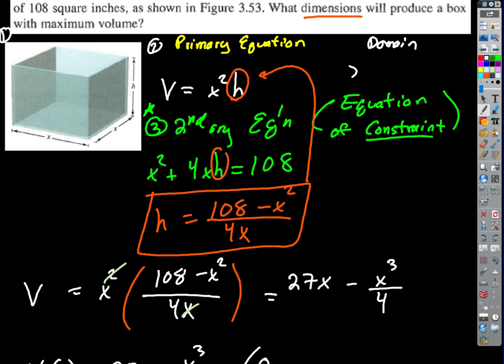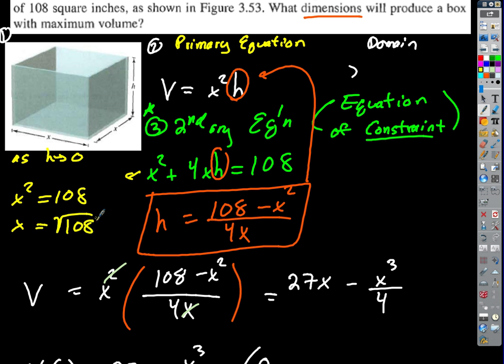If I let x get so big that h shrinks to 0, this just degrades into the problem. As h goes to 0, we end up just getting x squared equals 108. And so x would equal mathematically plus or minus the square root of 108, but we don't want the negative one. We're talking about a physical dimension.